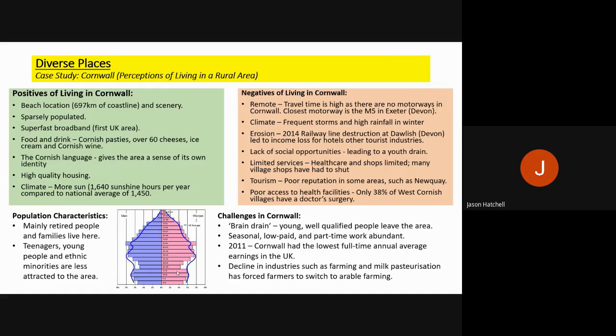So the average person in Cornwall in 2011 earned the lowest amount out of anyone else in the UK on average. And there has been a decline in industries like farming and milk pasteurization due to competition and cheaper stocked goods from abroad. And that has forced farmers to switch to other means of farming like arable farming.